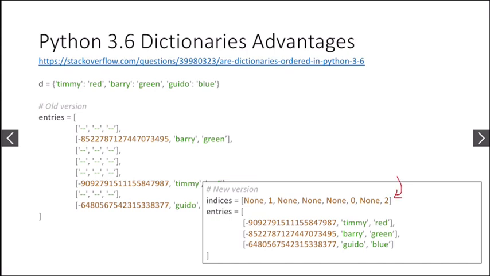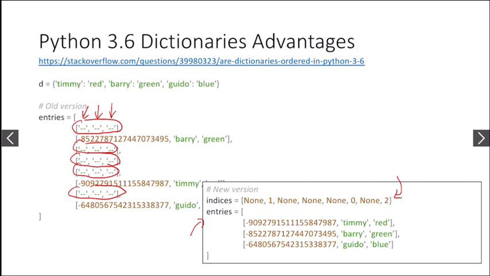We've got that indices table and an entries table. So why do we have these? Well, the biggest difference here is before we were wasting a lot of space. For every empty space, we were wasting 3 pointers worth of information, or 3 64-bit ints worth of information. So we have the hash value here, a pointer to the key and a pointer to the value.